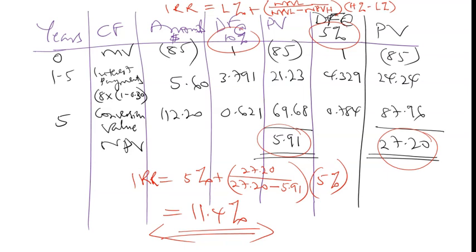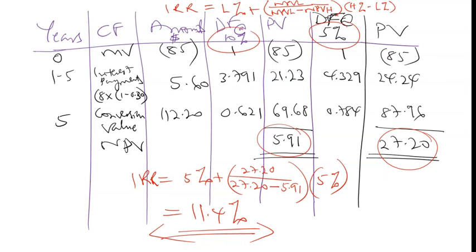So does it mean that, because we are saying the internal rate of return is the rate at which the NPV is going to be zero, if we use this rate, are we really going to get a zero NPV? The answer is yes.